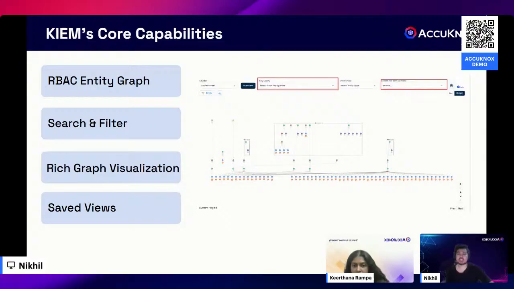Third, the visualization is interactive, so you can zoom in, hover for context, or trace privilege paths. That is also possible. And lastly, it lets you save views. So if you have built a query to check for risky rules, you can reuse it again and again, and export it and provide it to your security team or compliance team for audit purposes.